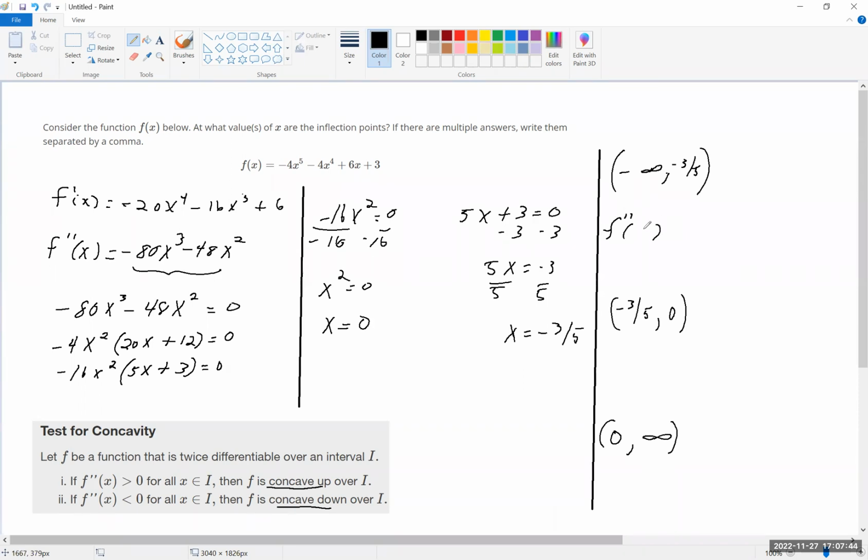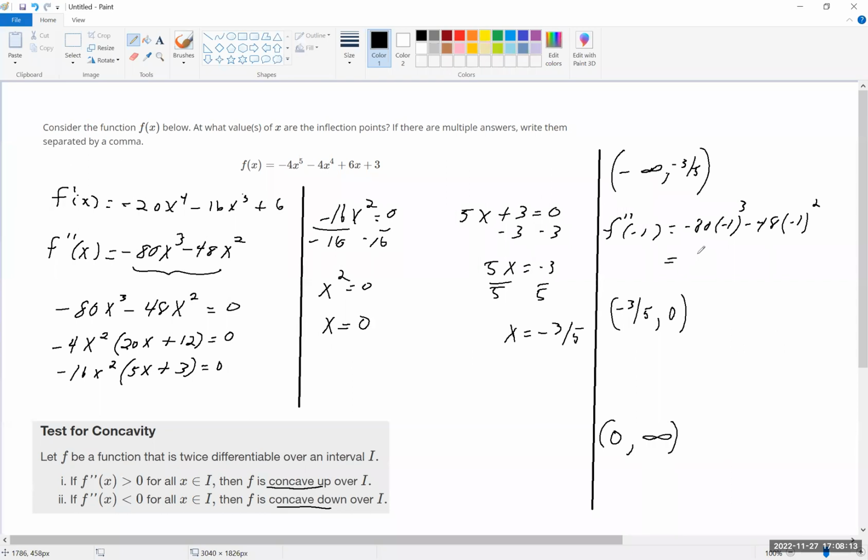So let's go ahead and use -1, which is in that interval. So it's minus 80 times -1 to the third power, minus 48 times -1 to the second power.